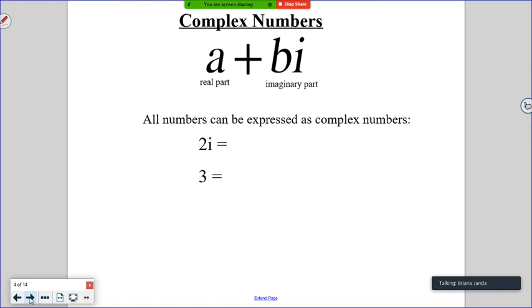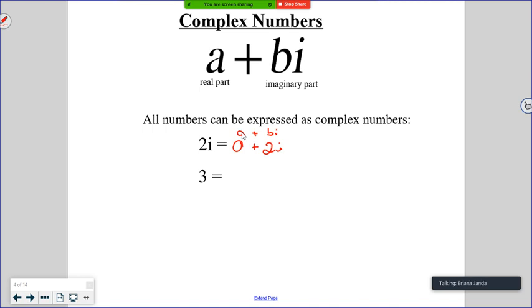If I am forced to write things as a complex number, but it only has one part or the other, just the real part or just the imaginary part, we really can write it in that a plus bi. It's just that if we're missing one of those, say 2i is the imaginary part, and you're missing the part in front of that, it's just a 0. So if I had to be forced to write it all the way out as a complex number, the part you're missing is 0.